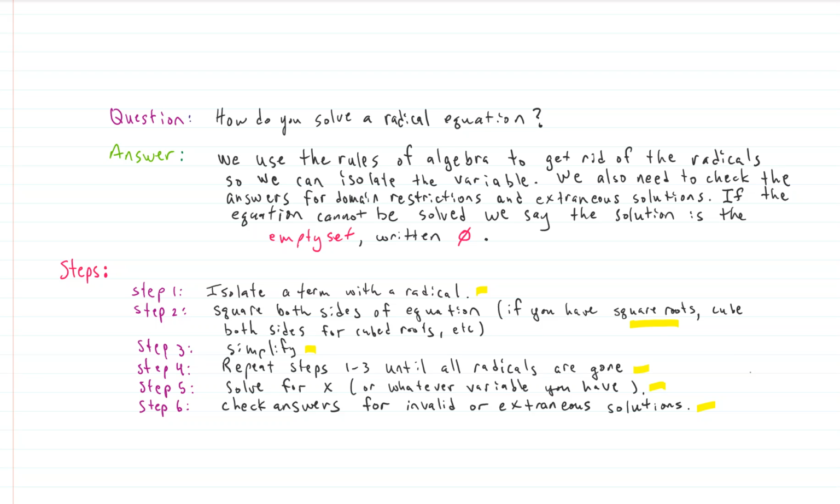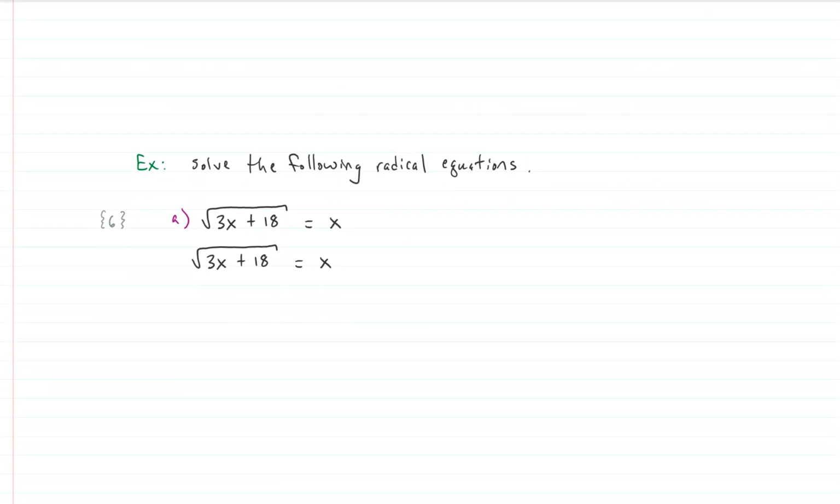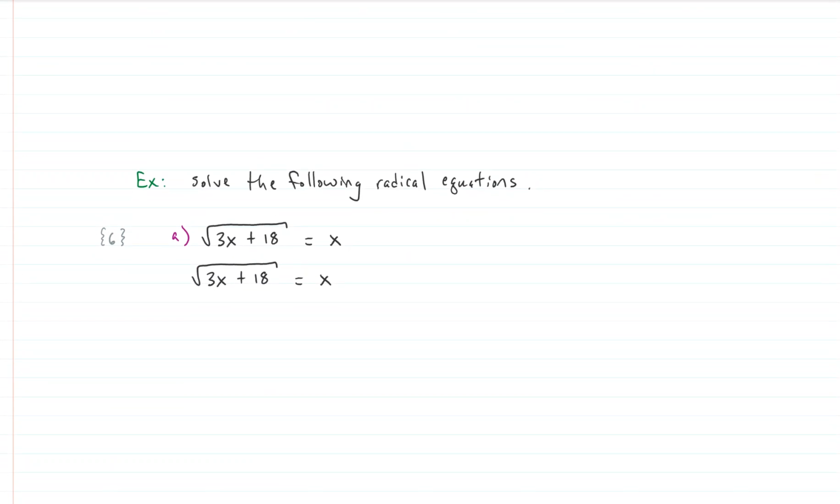Extraneous solutions are solutions that appear, they're not valid, and they appear or are introduced into the system by the process. When we square both sides of the equation, we get a fake answer sometimes. So check for those.